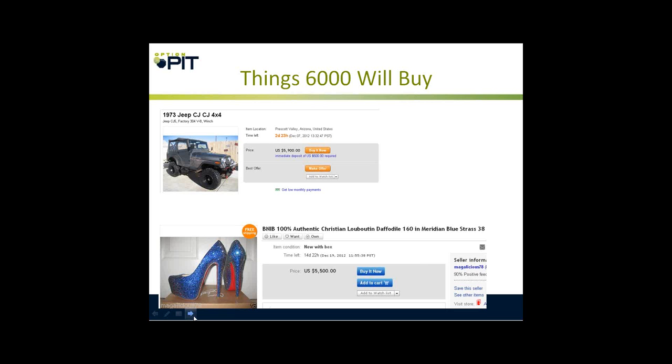Another is a pair of brand new in box, 100% authentic Christian Louboutin Daffodil 160 in Meridian Blue Strauss, size 38, new with the box. And that's only $5,500. You would have that to spare.